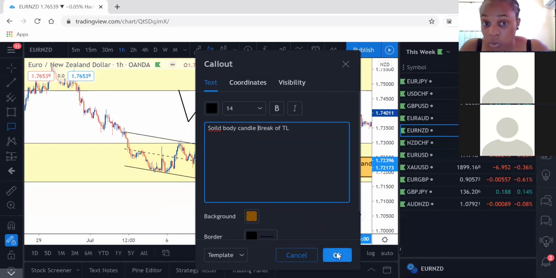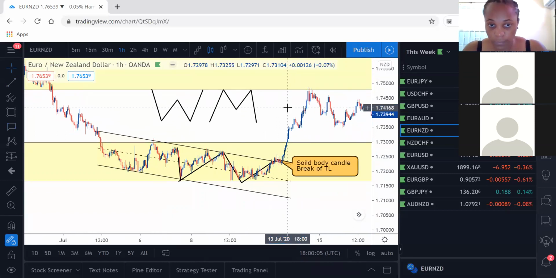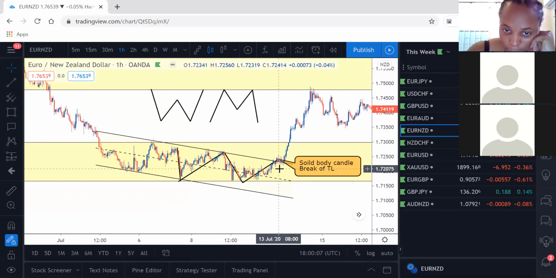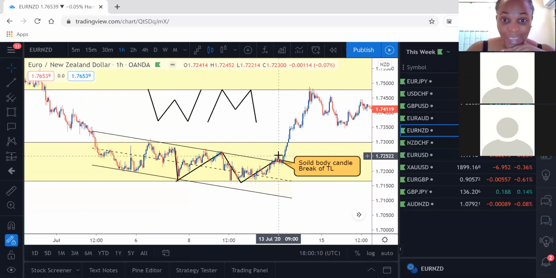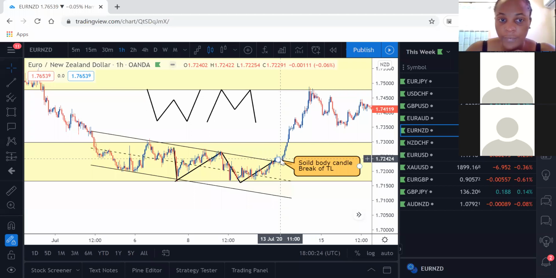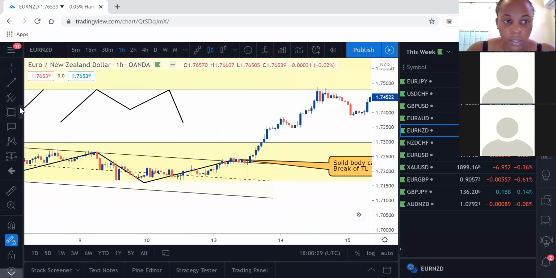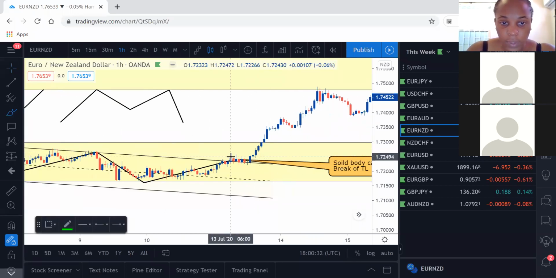It must break and close. That's the only way you will continue to hold this trade with the projection that the trade will continue up after there's a solid body break of your channel. And if we look closely, we can see that we have our solid body break here.